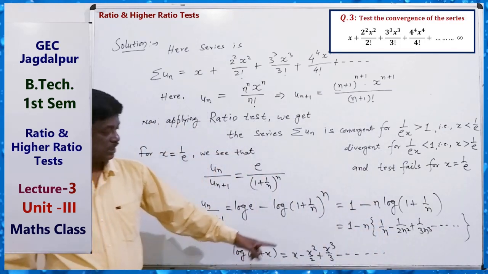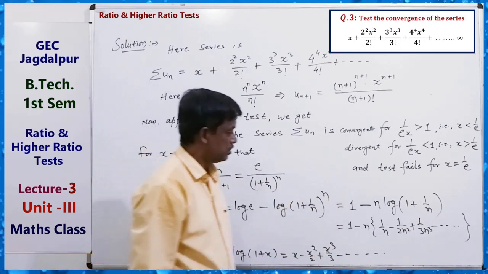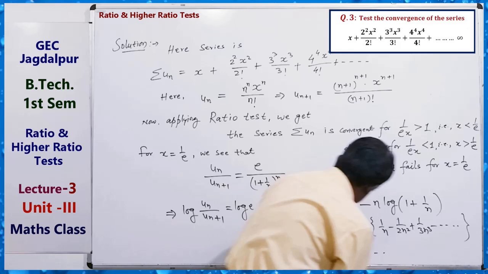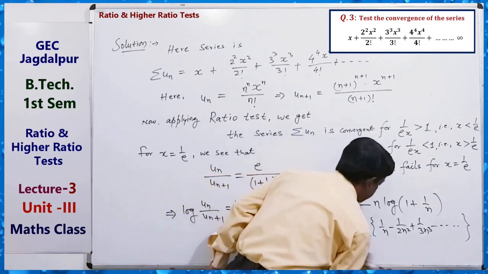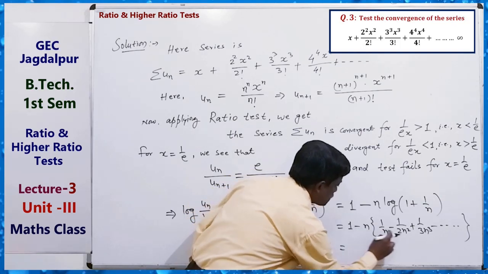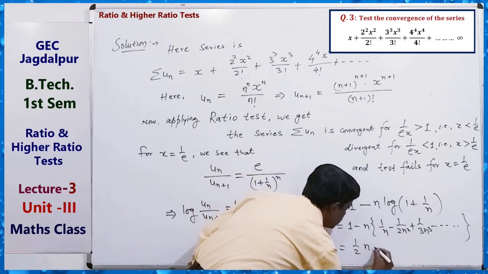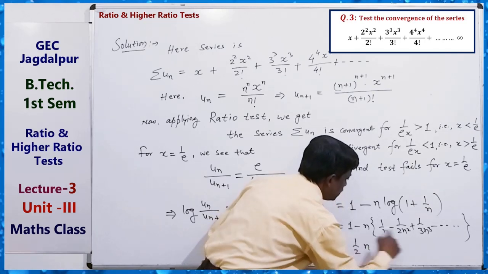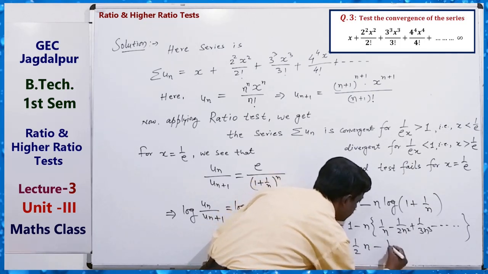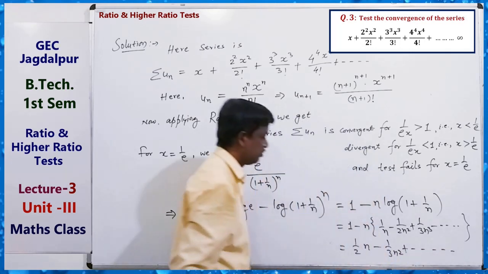So here n into 1 by n, 1 cancels. Now minus and plus, 1 by 2n, and n cancels, 1 by 3 n square and plus and so on. We get like this.